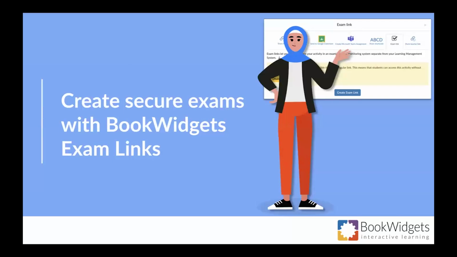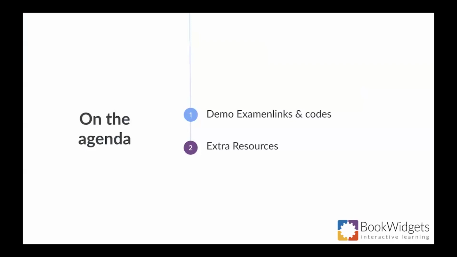If you're not using one yet, you'll still have to check if there are some good options for you to use, because just the standalone BookWidgets exam links are not going to work in this case. They are going to work, but they're not safe. So the safest way is to use the BookWidgets exam links and share them within your own trusted learning monitoring software. So that's what I'm going to do today.